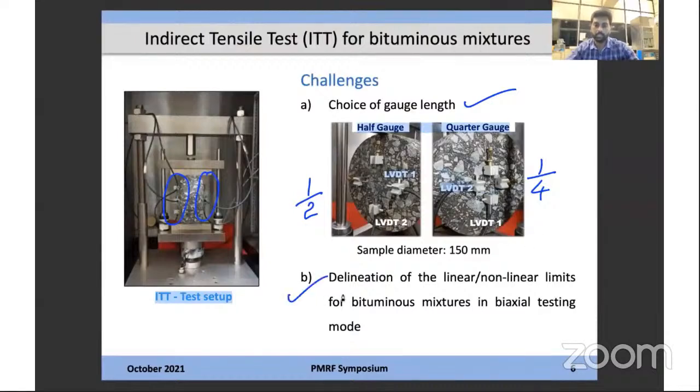Another challenge in this research is the delineation of linear and non-linear limits for bituminous mixtures in biaxial testing mode. In the case of one-dimensional experimental data, linearity or non-linearity can be established using the superposition and scaling principle. However, it is not certain that such a principle will work for biaxial experimental data.